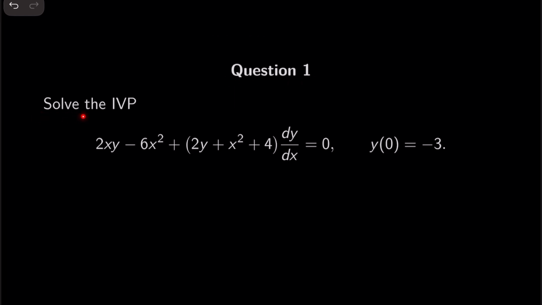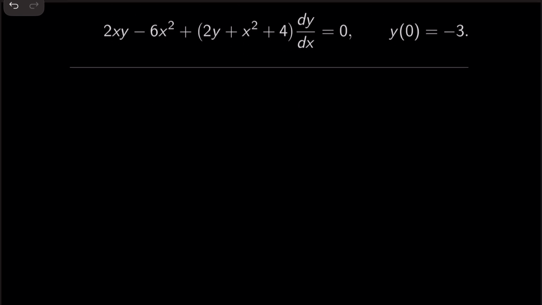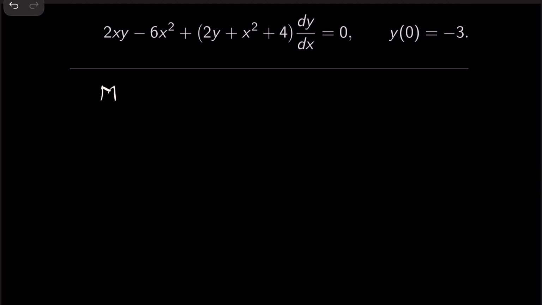With our first question, we have to solve the IVP (2xy minus 6x squared) plus (2y plus x squared plus 4) dy/dx is equal to 0 with the initial condition y(0) is equal to minus 3. To solve this differential equation, we compare it to the standard form, that's M(x,y) dx plus N(x,y) dy is equal to 0.